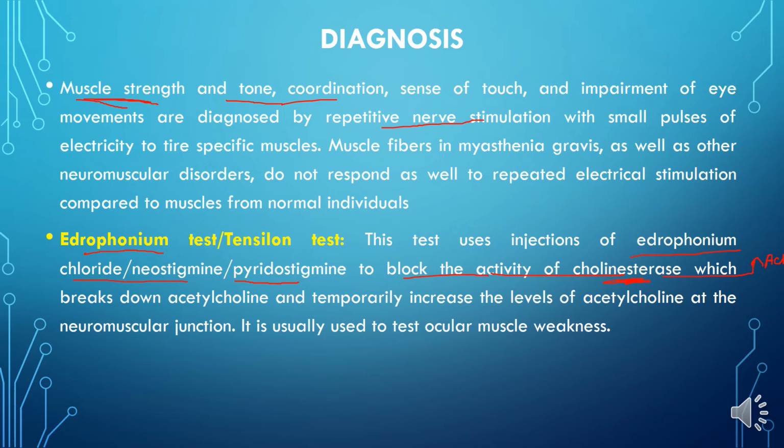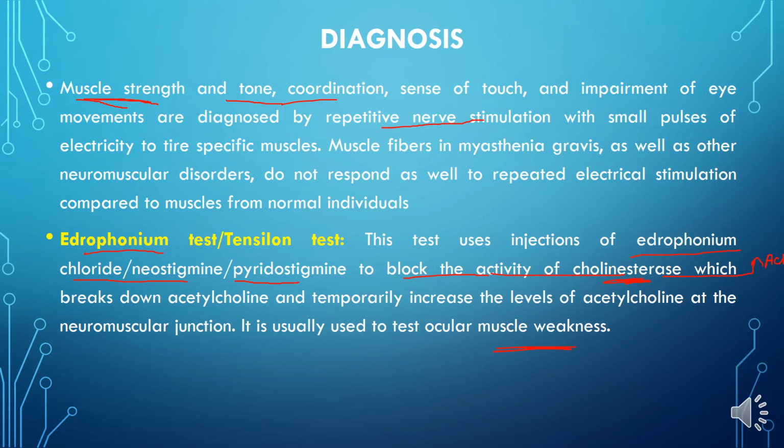So a high amount of acetylcholine in the neuromuscular junction will help in increasing the binding of the receptor with the acetylcholine, but we know that there are antibodies against this receptor, so that will block the receptor. So in this case, though there will be an increase in the acetylcholine, there will still be weakness in the muscle.